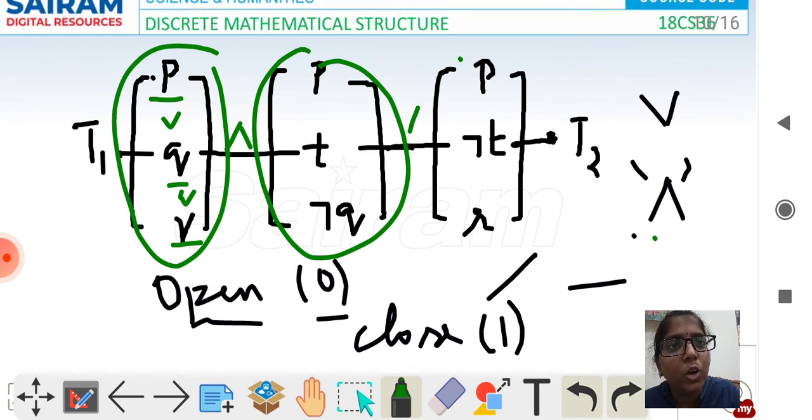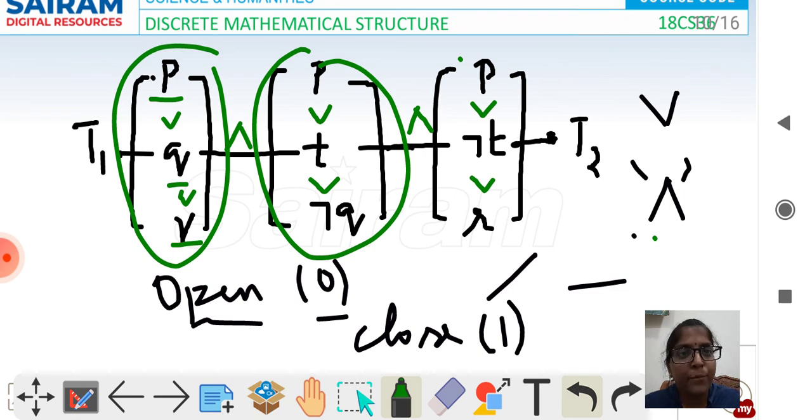So AND, P ∨ T ∨ negation Q, and P ∨ negation T ∨ R. If you are having a parallel network, you have to use the connective OR. If you are having a series network, then you have to use the connective AND.